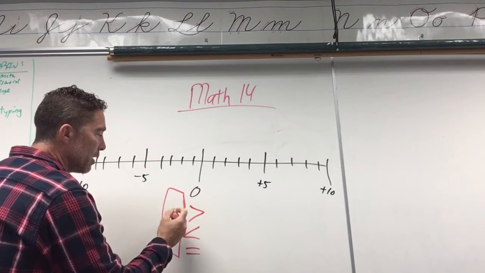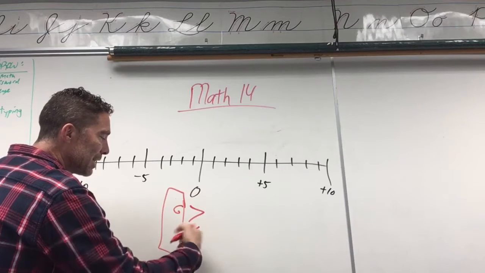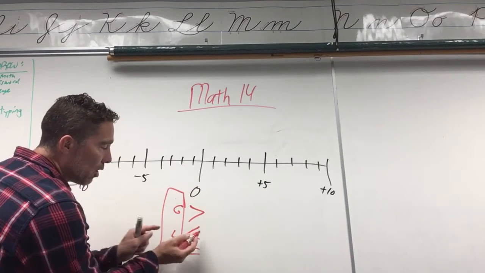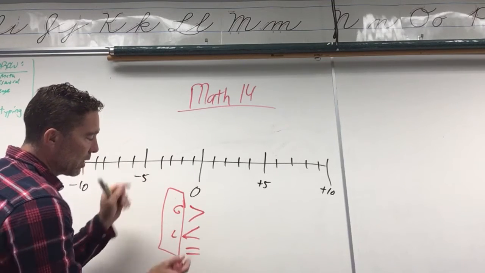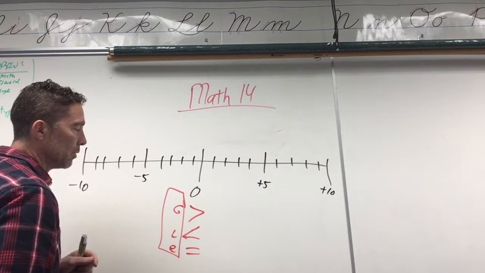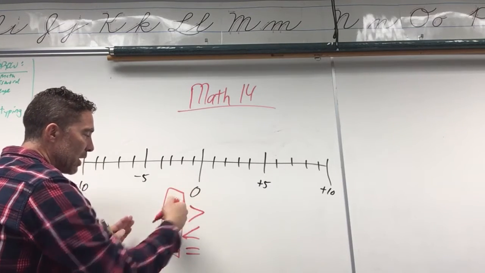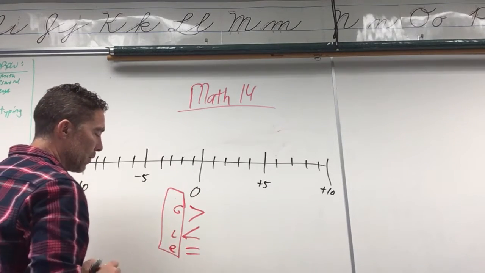Greater than means the alligator's eating this way, that's greater than. Less than, the small side is over here, that's less than. It also looks like an L that's been compressed. It's a good way to remember it. And then equal to. So we're talking about the alligator, if it's facing this way, it's greater. If it's going away, well, that's lesser, and then equal to.